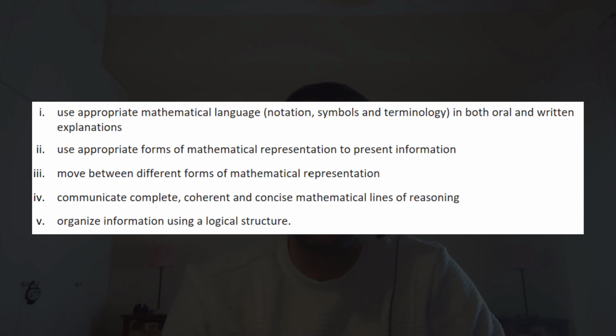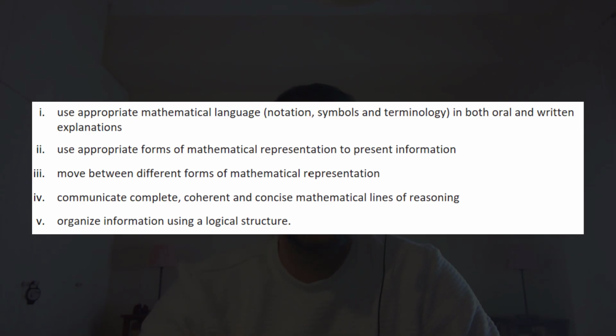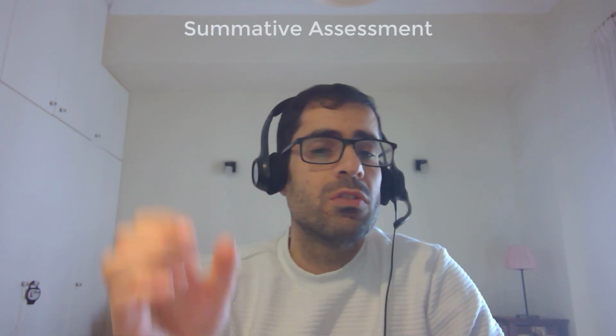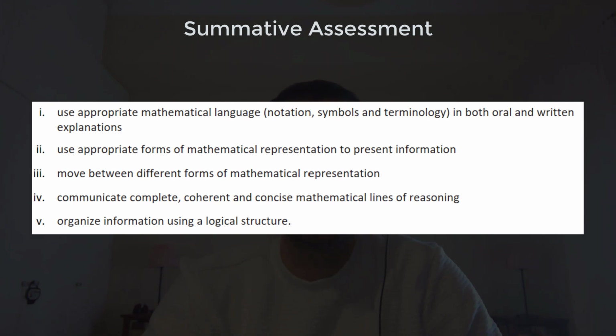Moving between different forms of math representation, so maybe students make a function and then they draw a graph of that function. And then communicate using complete lines of reasoning, mathematical lines of reasoning, so that could be a string of equations, or just explaining mathematics clearly. And then organizing information using a logical structure, so there's a nice flow when the students organize information.